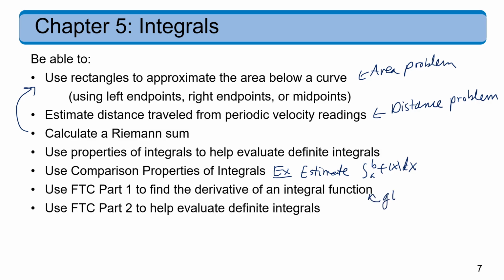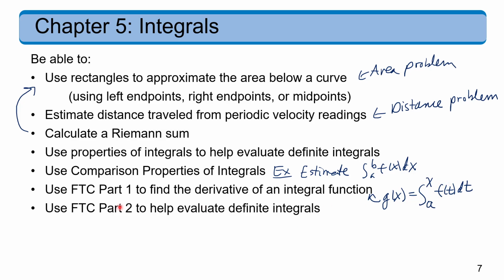We usually called them g of x, and they were defined this way: the integral from a fixed constant a to a variable x of the function you're integrating, f of t, and then we always have a dt with our integral sign. So fundamental theorem part 1 tells you how to take the derivative of a function like this. The idea is the derivative will undo this integral and you'll get this function back.